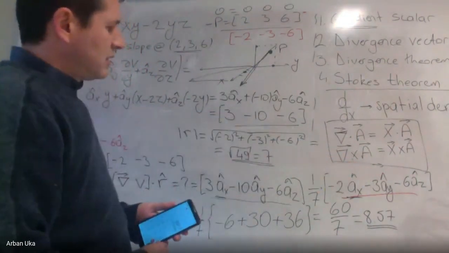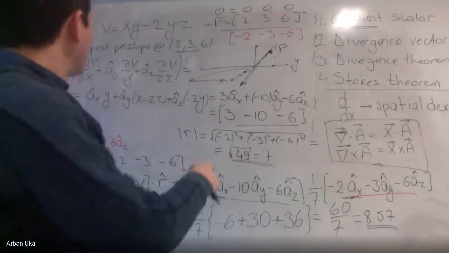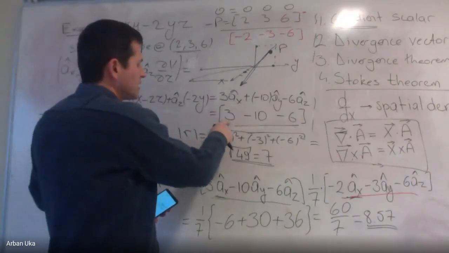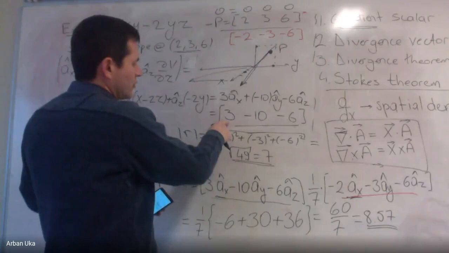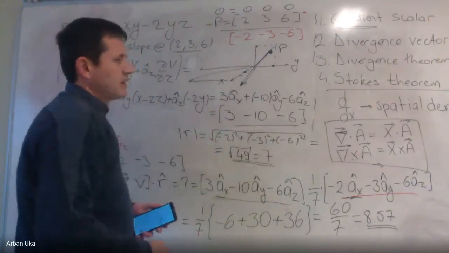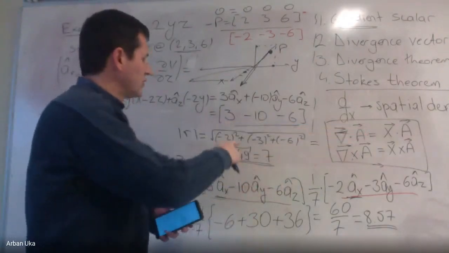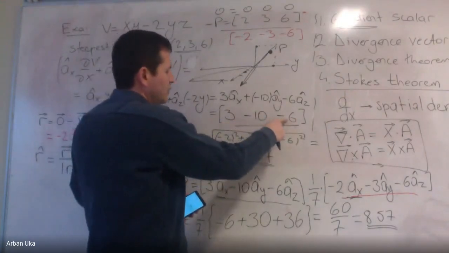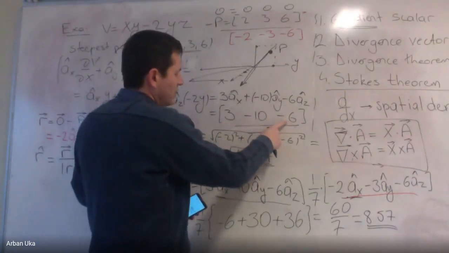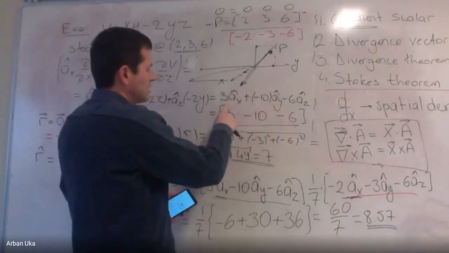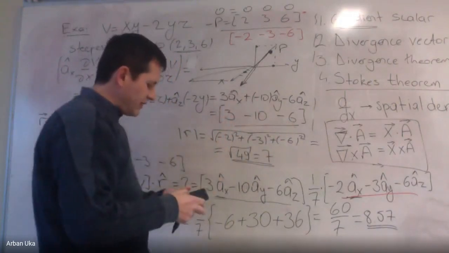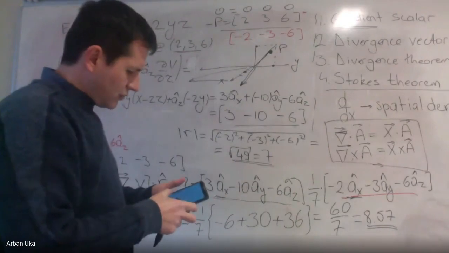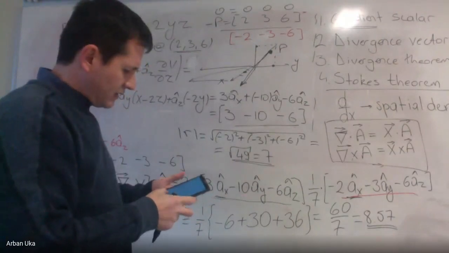But what was the maximum increase itself? Can we find this? The steepest direction is the magnitude of this number, which is 10 squared, which is 100, plus 36 is 136, plus 9 is 145. What is the square root of 145?